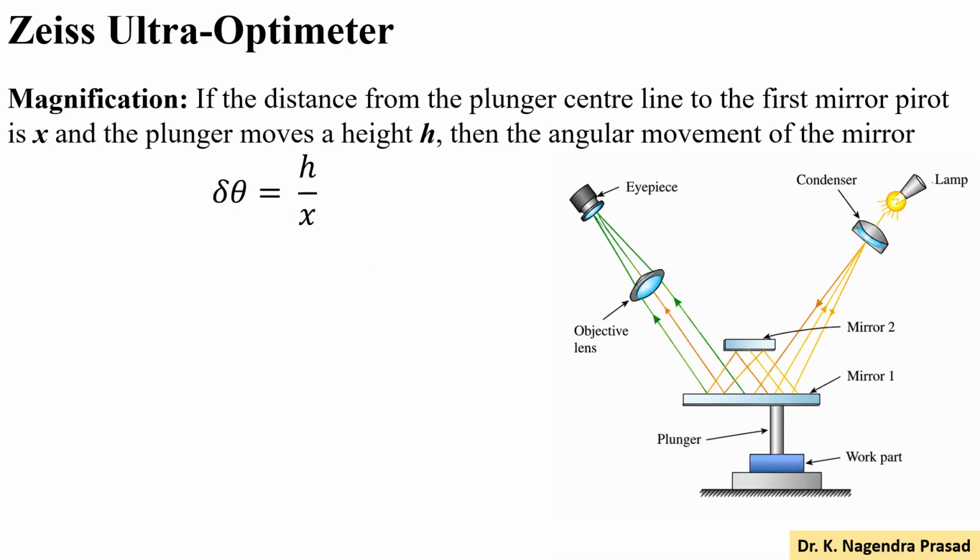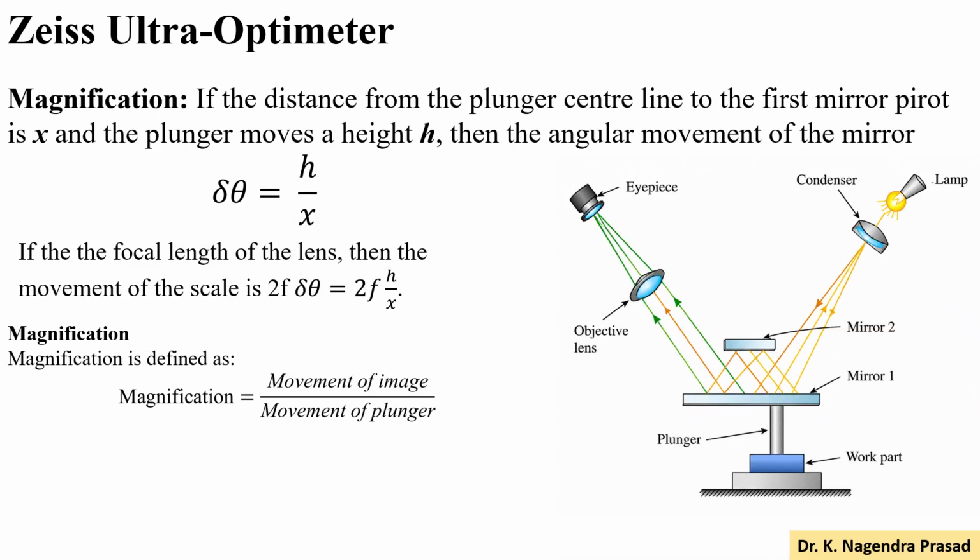Next we will discuss the magnification of the Zeiss Ultra Optimeter. Magnification is defined as the movement of image divided by movement of plunger. The movement of the plunger is h, the height of the plunger, and let's see the movement of the image.